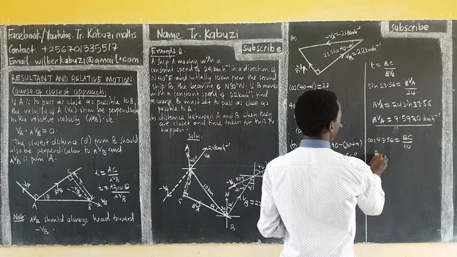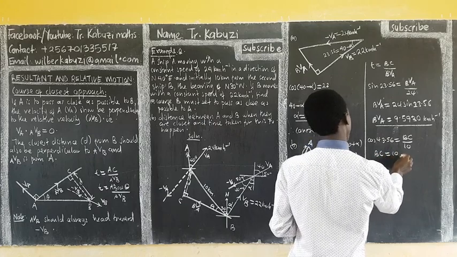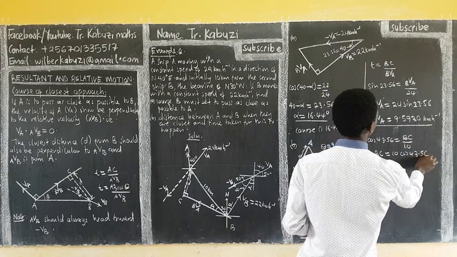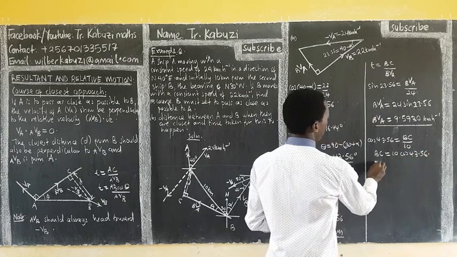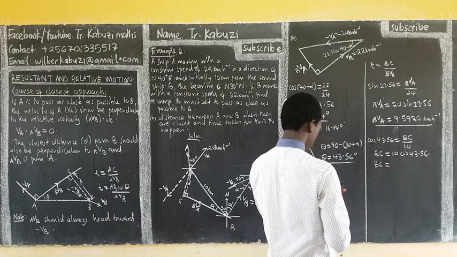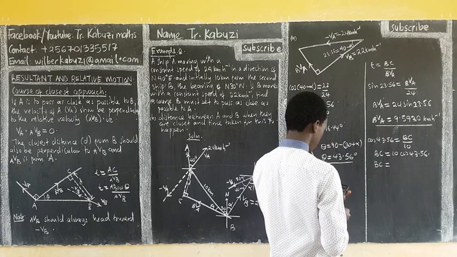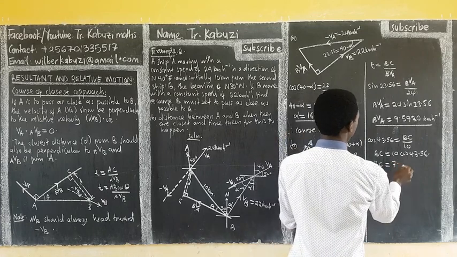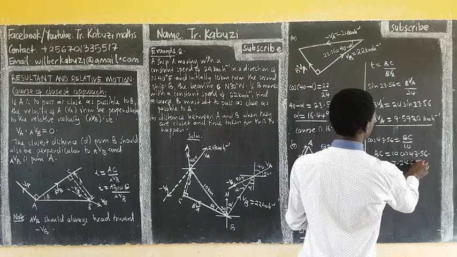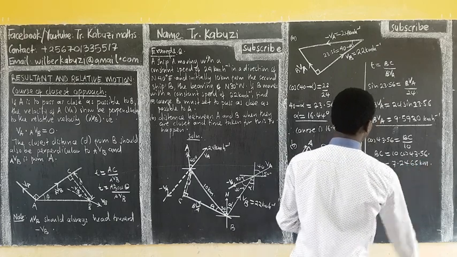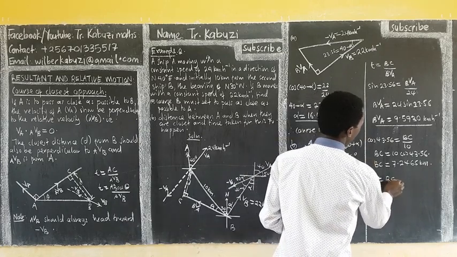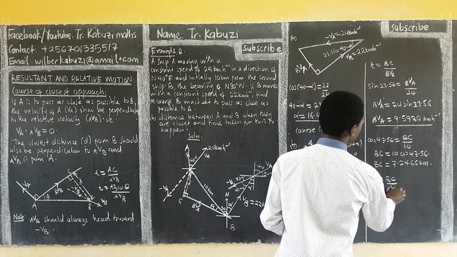So my BC is going to be 10 cos 43.56, which is 7.2465 kilometers.